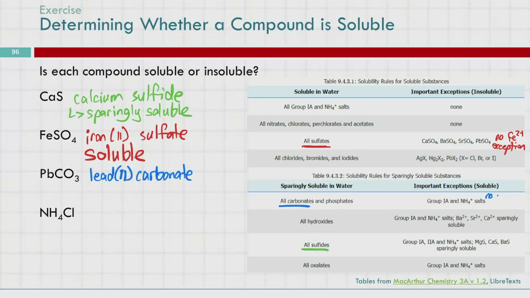We don't have a Pb2 plus exception, since lead is group 14, or 4A. So we would say that this is sparingly soluble, which is basically the same as insoluble.